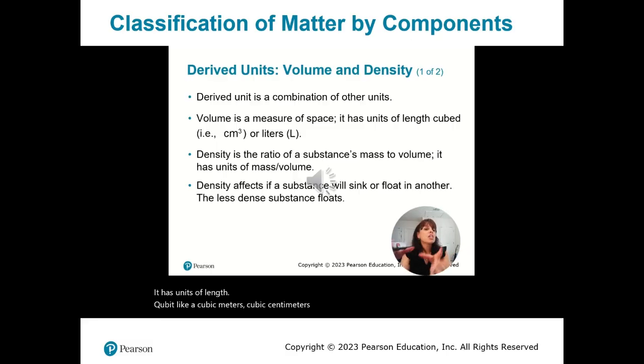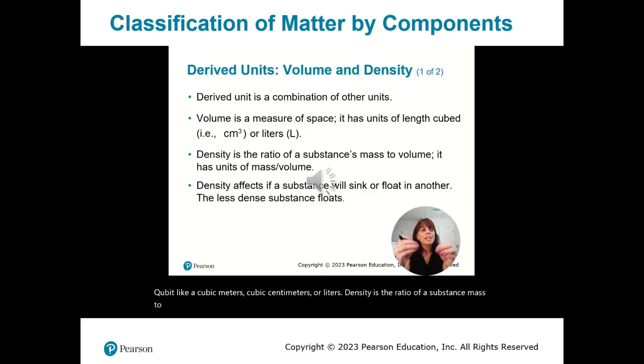Density is the ratio of a substance's mass to volume, grams per liter. It has units of mass divided by volume. That is derived units. Density affects whether a substance will sink or float in another. The less dense substance floats.